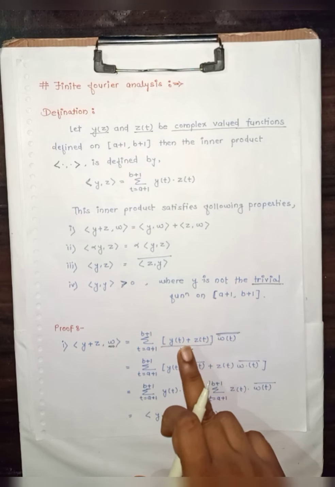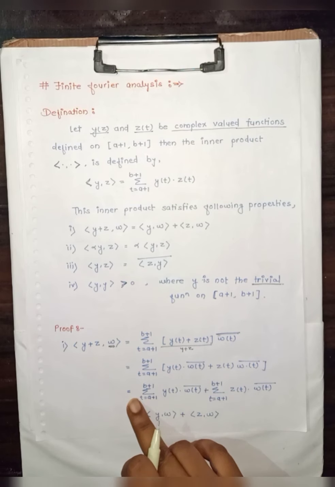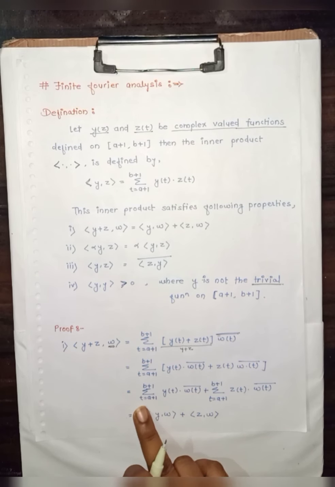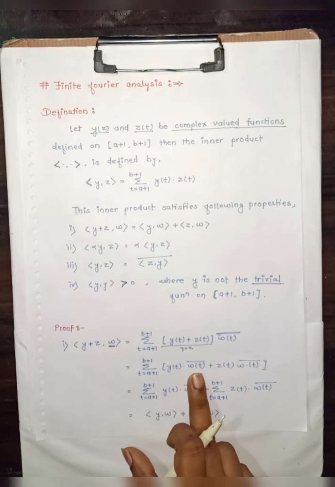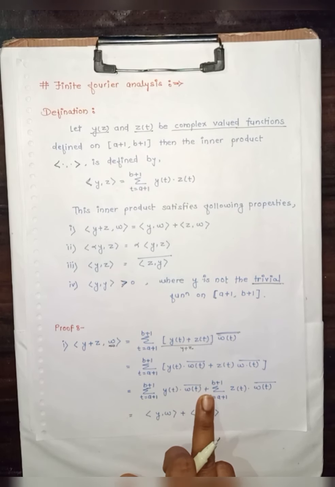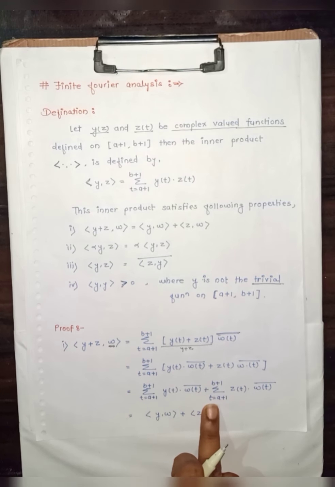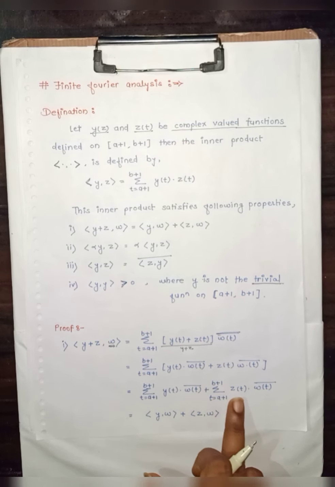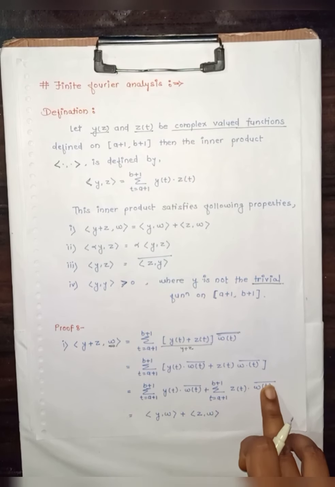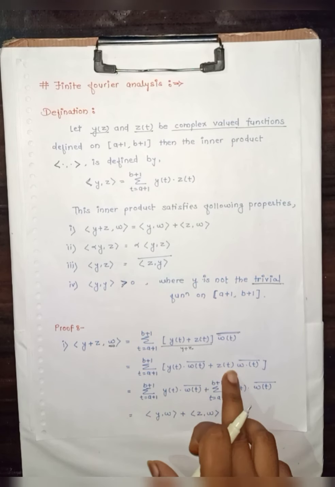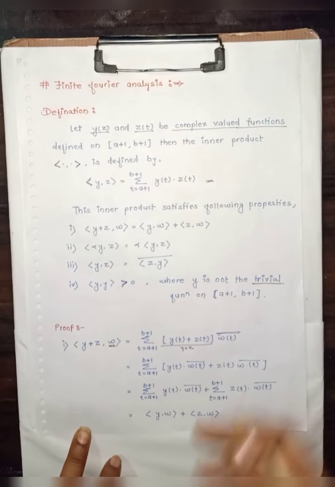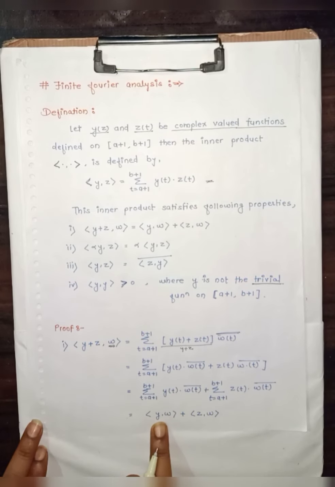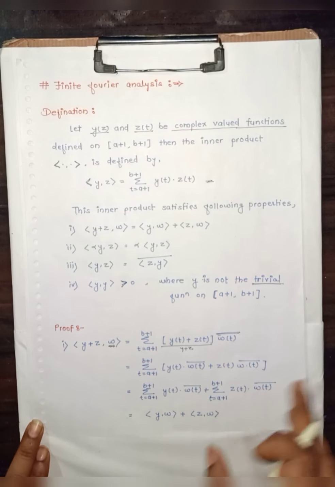We have multiplied this into the bracket. Next step is summation over t from a plus 1 to b plus 1 of y of t omega of t conjugate plus summation over t equals a plus 1 to b plus 1 of z of t and omega of t conjugate. We have separated the summation, and from this we can write it like this: inner product of y w plus inner product of z w.